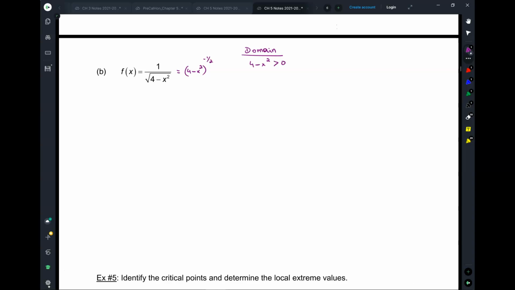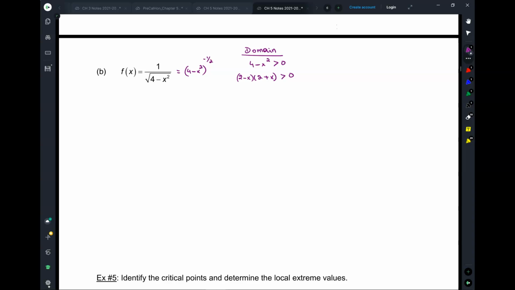Notice it can't be equal to 0 because then you'll have 1 over 0. So when you factor this, 2 minus x, 2 plus x, greater than 0. Now I need to figure out in which regions this is going to be positive. Well, I have a 2 and a negative 2.